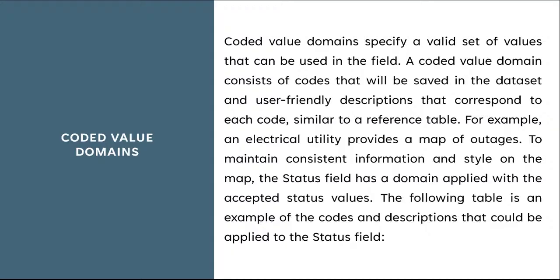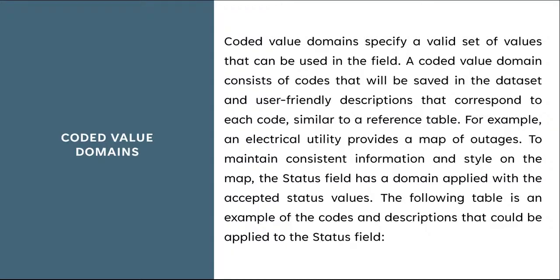A coded value domain consists of codes that will be saved in the dataset and a user-friendly description that corresponds to each code, similar to a reference table. For example, an electrical utility provides a map of outages to maintain consistent information and style on the map.